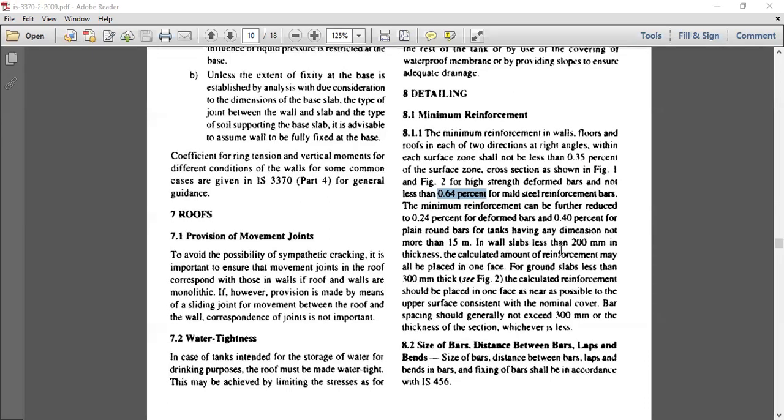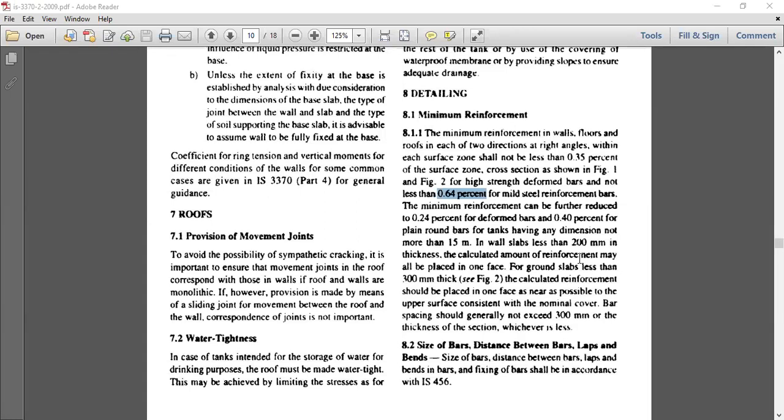Next, in wall slabs less than 200 mm in thickness, the calculated amount of reinforcement may be placed in one face. So if the thickness of your water tank wall is less than 200 mm, in that case you can provide the reinforcement only on one side, and if it is greater than 200 mm, then you have to provide the reinforcement on both the sides.